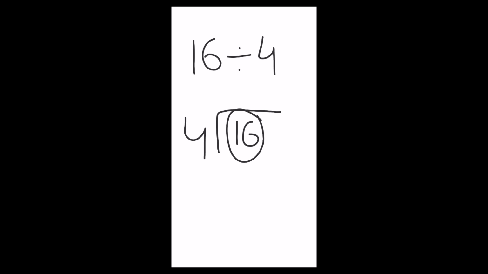So what is the answer I should write in the quotient? 4 fours are 16. So what number should I write in the quotient? I should write 4. 4 fours are 16, so I will write 16 down below the 16 and then subtract it. 16 minus 16 will be 0.